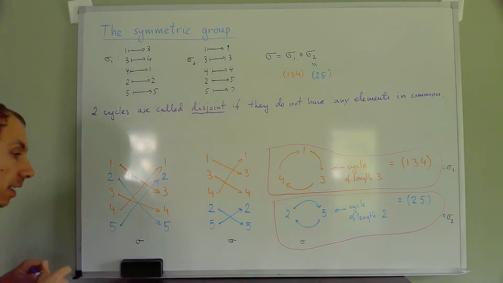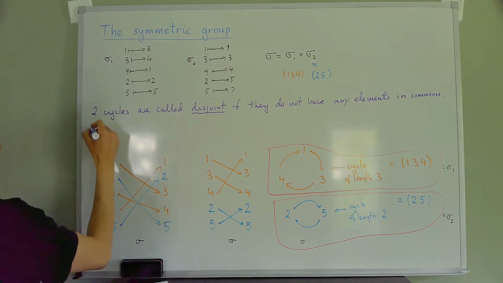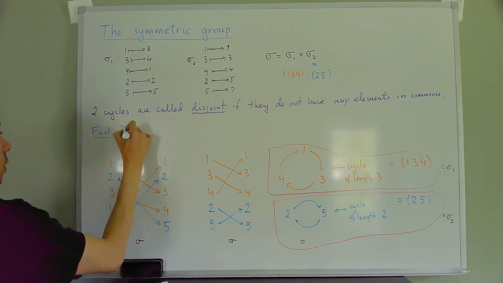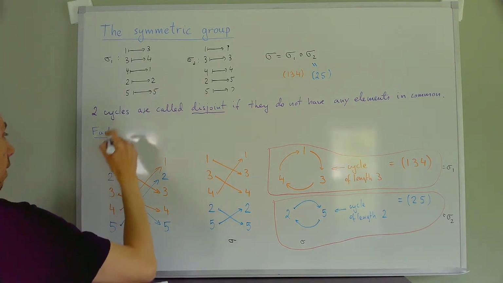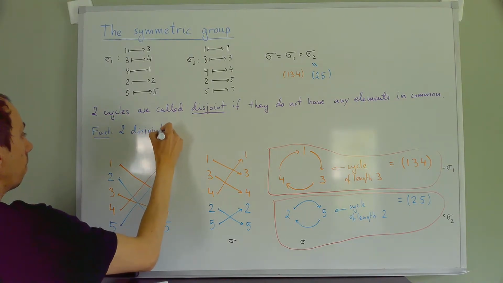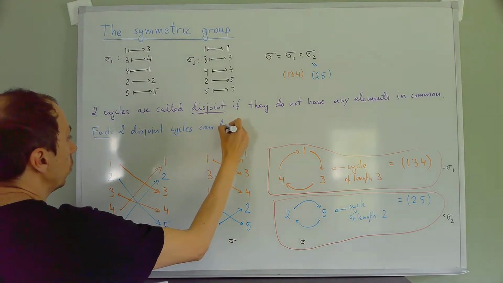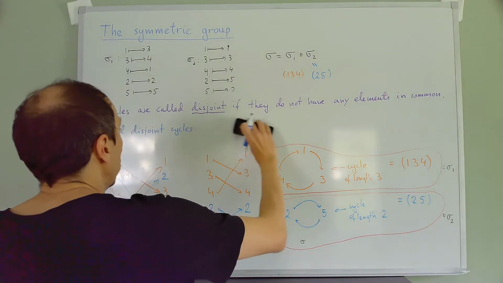And an immediate fact about disjoint cycles is that they commute. Two disjoint cycles can be composed in any order, or let's just say commute.